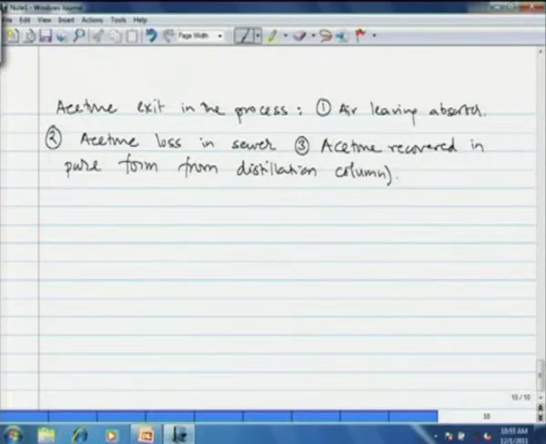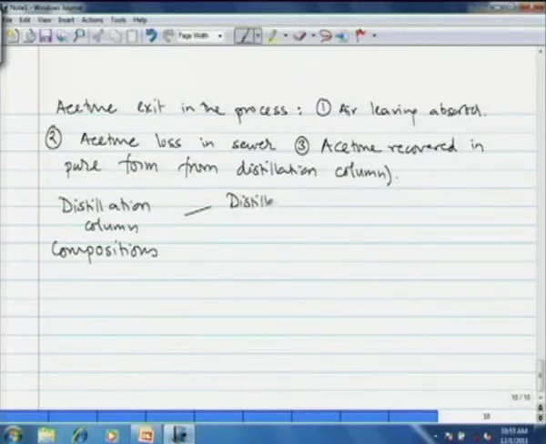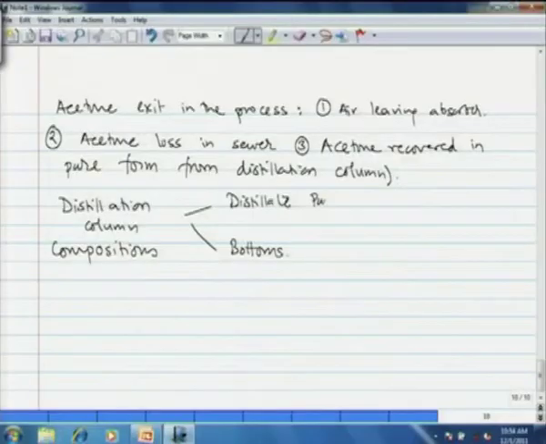Now, for distillation column, what would be the composition of top product and the bottom product? Acetone will be recovered as distillate and water will be recovered as the bottoms. However, the purity of distillate will be determined from the fate of acetone that is being recovered.